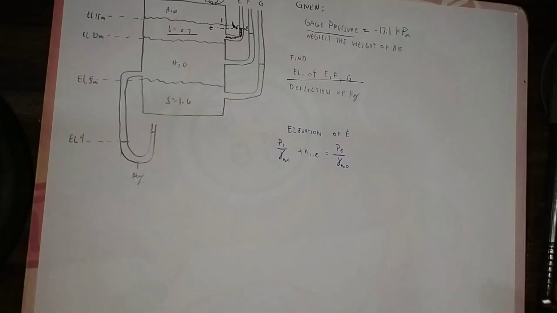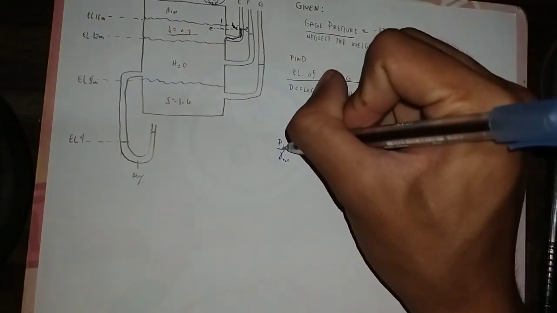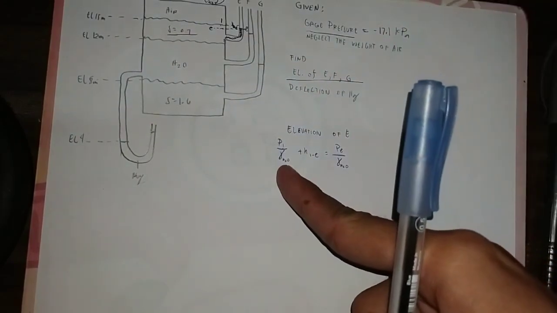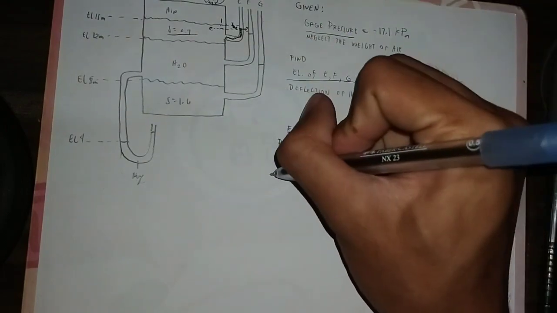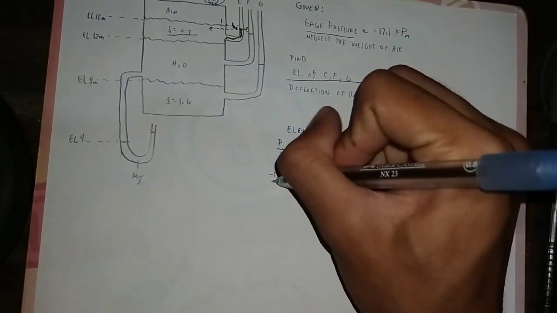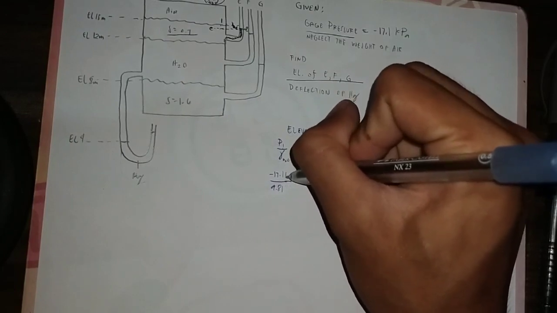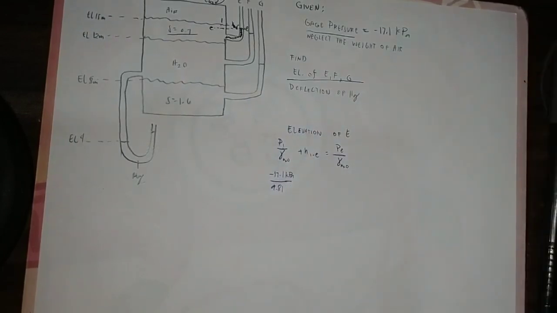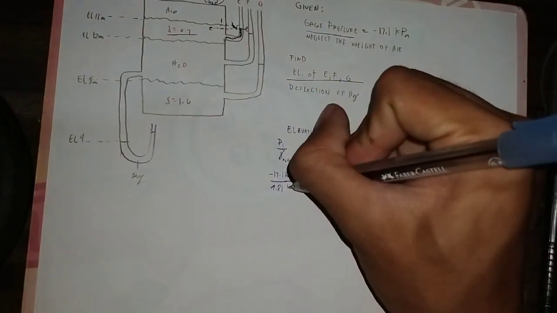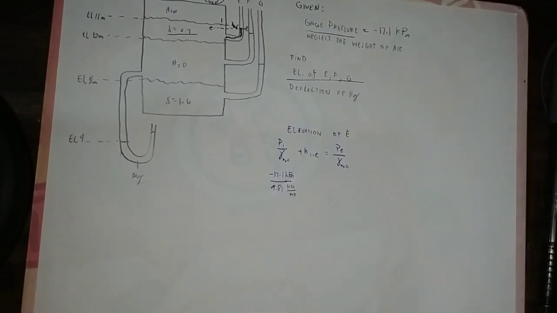Then we need to substitute the value for the gauge pressure, which is negative 17.1 over 9.81. We have here kilopascal. So when we do a dimensional analysis, we have kilonewton over cubic meter.